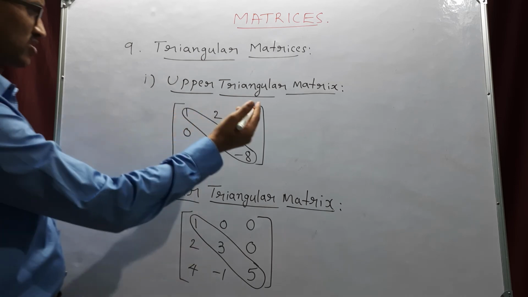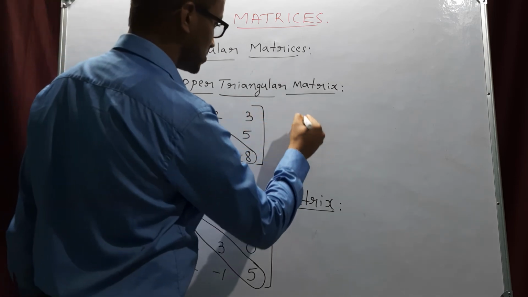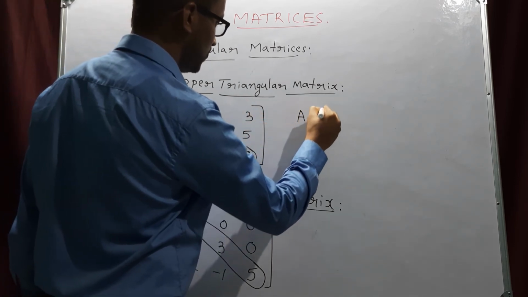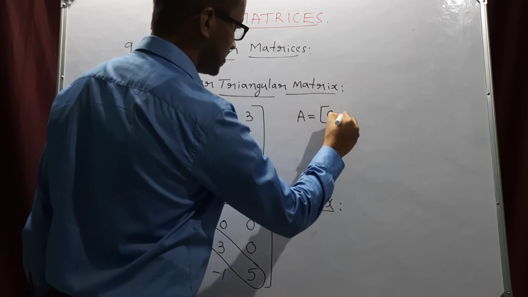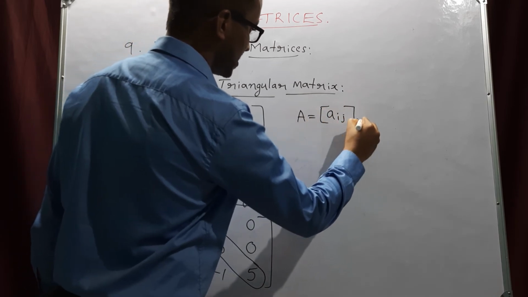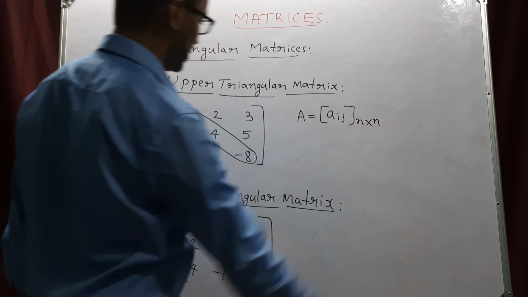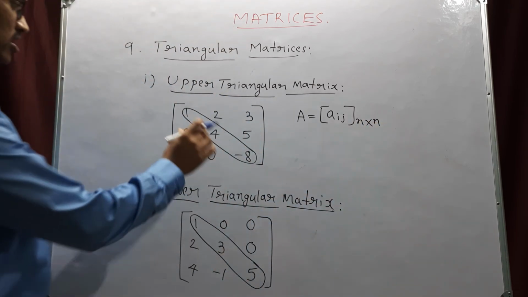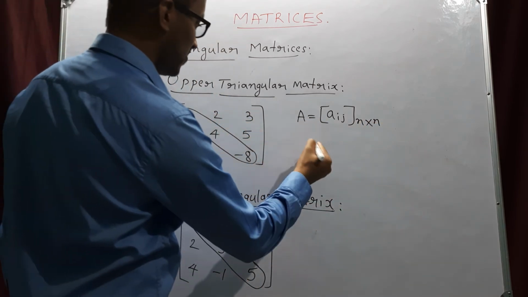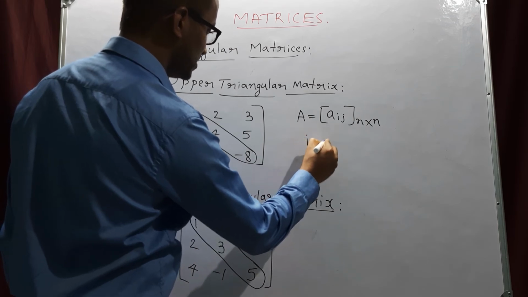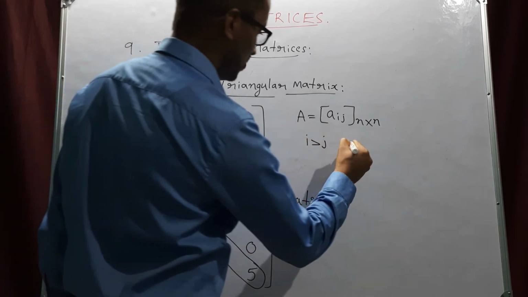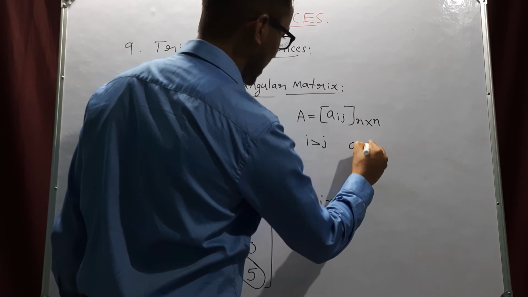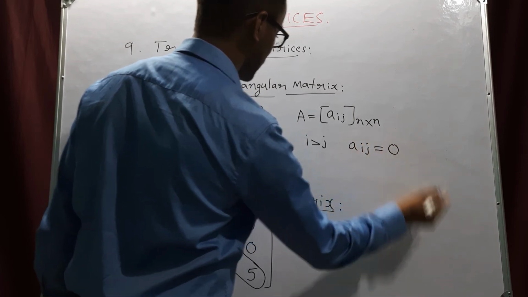Upper triangular matrix means, suppose A equals Aij is a matrix of order n by n, then whenever i is greater than j, the value of Aij will be 0.